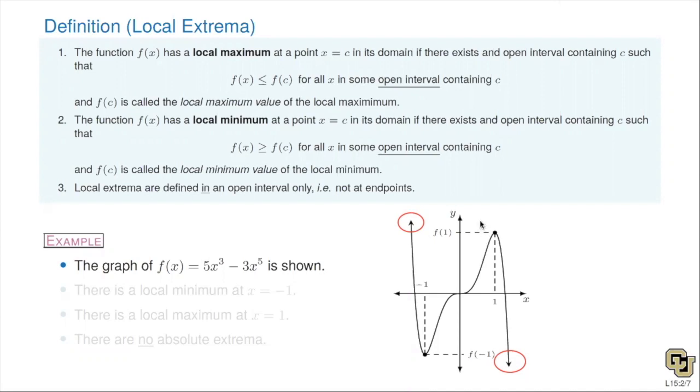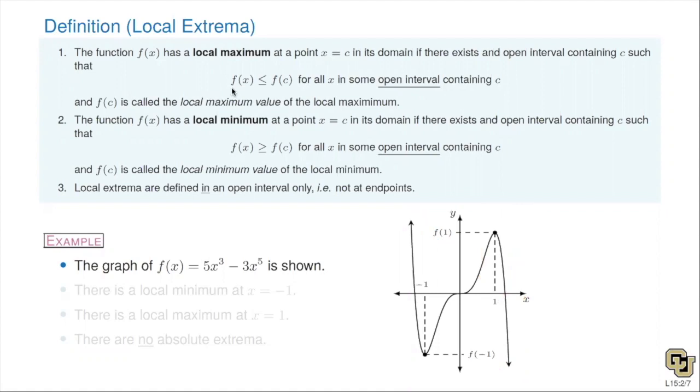As you can see, at x equal to 1, we have a little high point. There's a little hill here, and at x equal to 1, f of 1 is not the largest range value, but it's the largest in a small interval around 1. If I look at a small interval around 1, and you ignore everything outside of this interval, you can see f of 1 is the highest point.